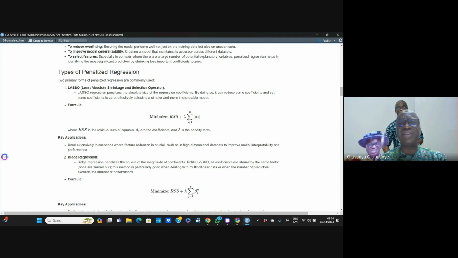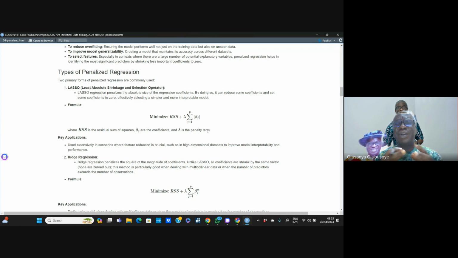But at the moment, what you need to know is that this lambda is the penalty, and the bigger it is, the more severe the penalty, or the more you shrink the value of the coefficients, and they become very close to 0.